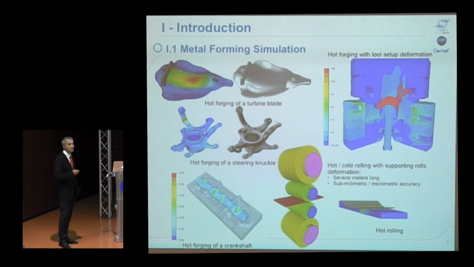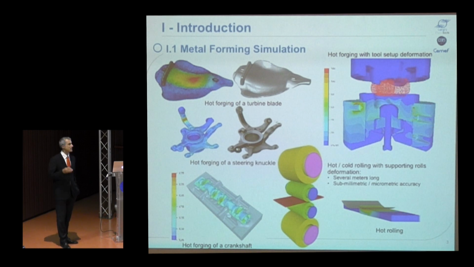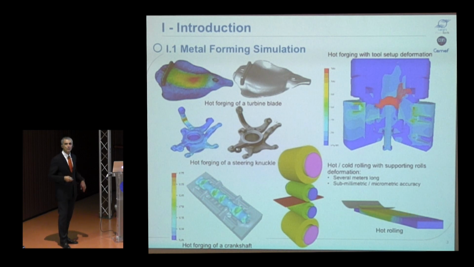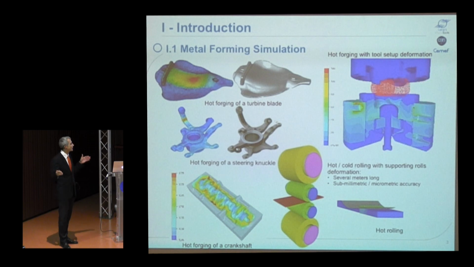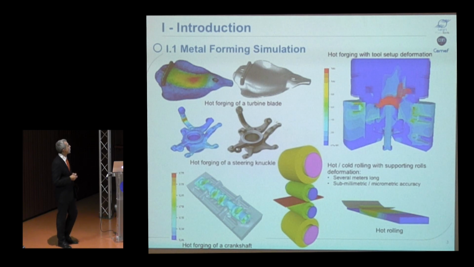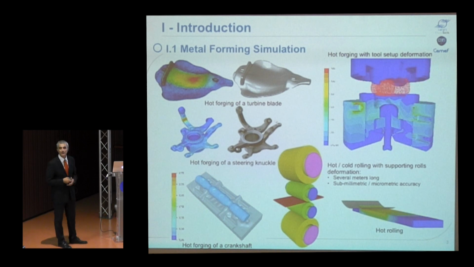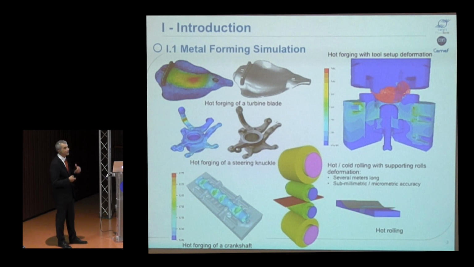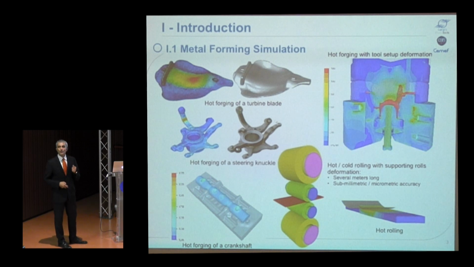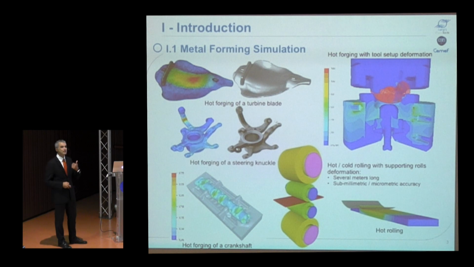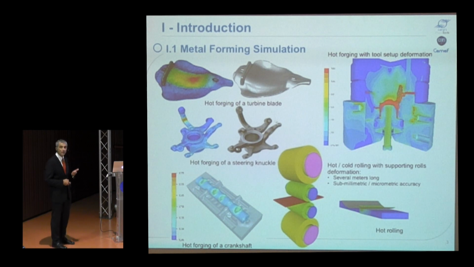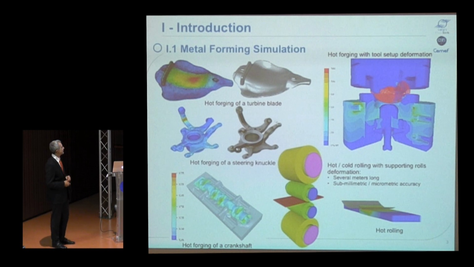And just to mention the different length scales that we may have in rolling, for instance, where you may have slabs that are 1 or 2 meters wide, but the accuracy that is looked for is sub-millimetric or sometimes micrometric. It's a domain of production, so people are expecting results within one night or within a very reduced number of days.